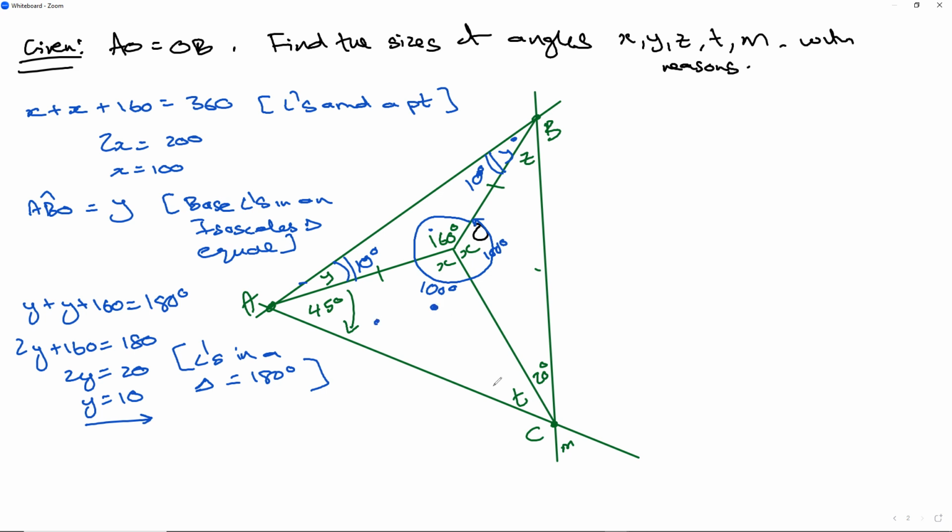The next one, I can see these angles over here add up to 180. So T plus 45 plus 100 equals 180. 180 minus 100 is 80, minus 45 is 35. Angles in a triangle equal 180 degrees.